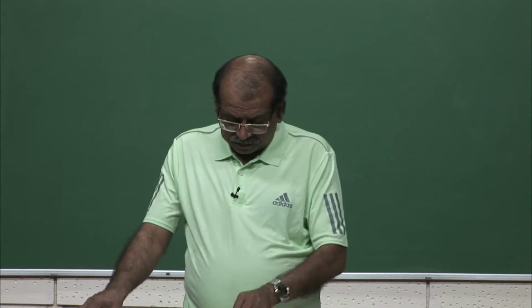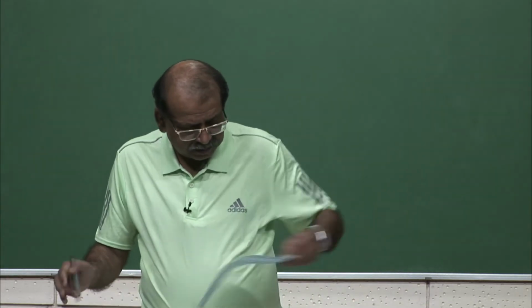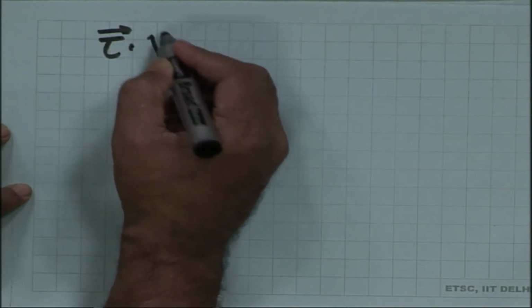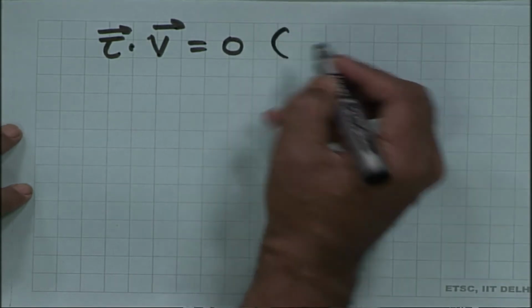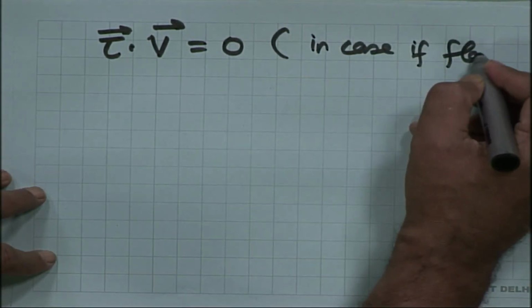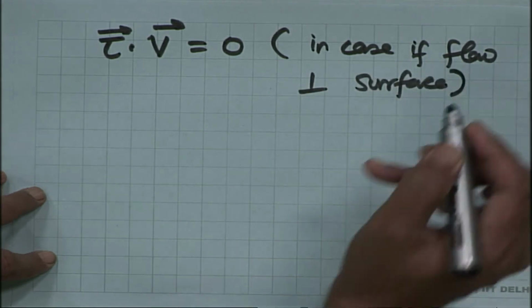So, therefore, tau dotted with V is equal to 0 if the flow is perpendicular to the surface.